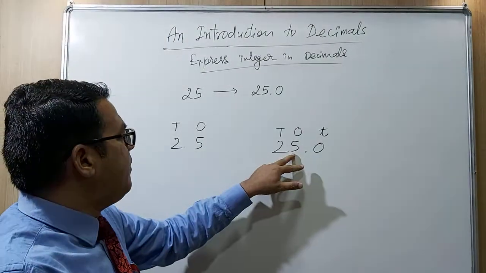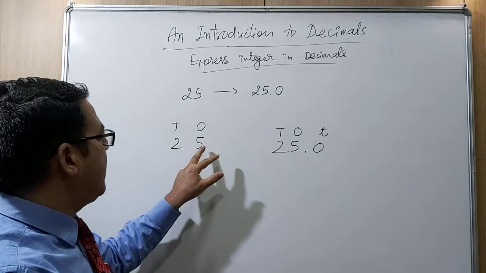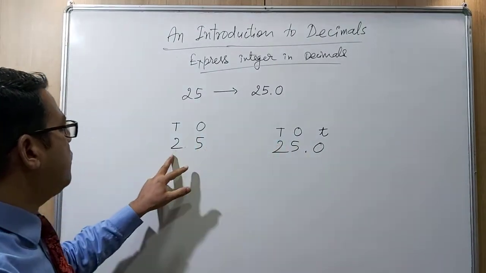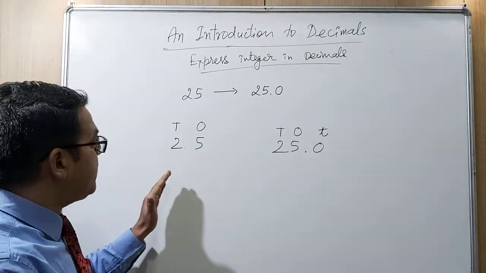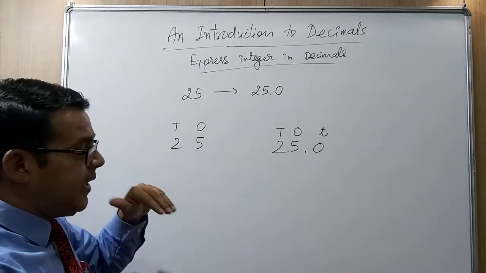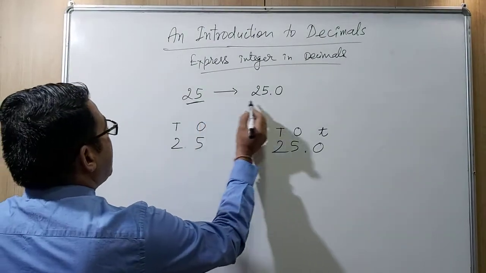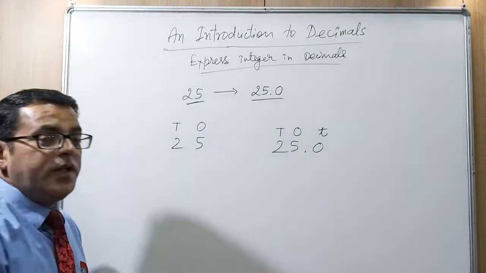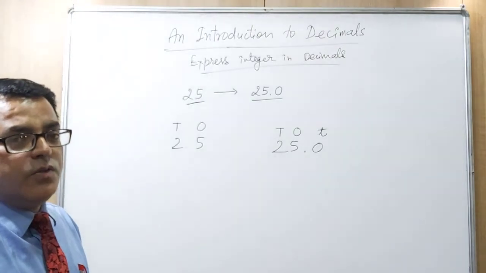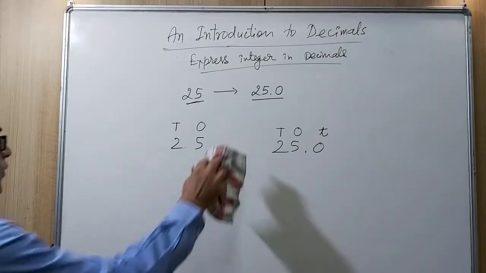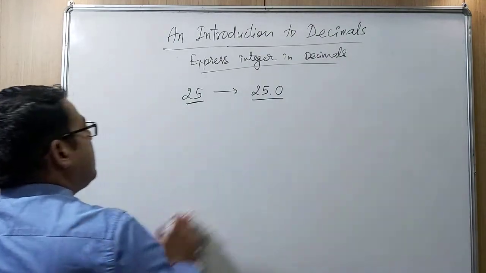So 5 at ones place, here also 5 at ones place, and 2 at tens place, here also 2 at tens place. It means we can say that the meaning of both is the same. It means 25, we can write as 25.0. Hope you understand. One more thing that I want to tell you here.